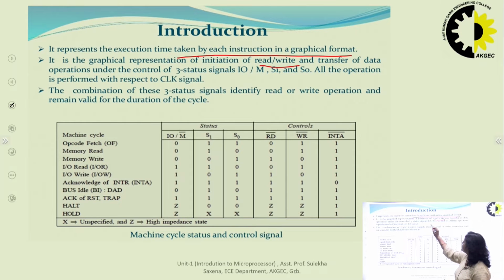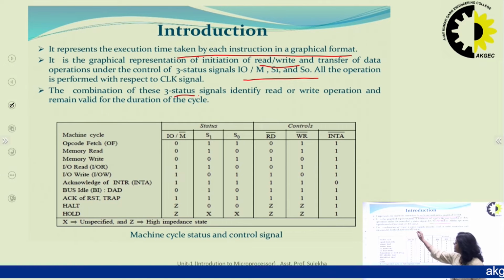For this purpose there are 3 status signals, that is IO/M bar, S1 and S0, and the combination of these signals will generate 5 types of machine cycles. The combination of these status signals and control signals for each machine cycle is defined in this table.